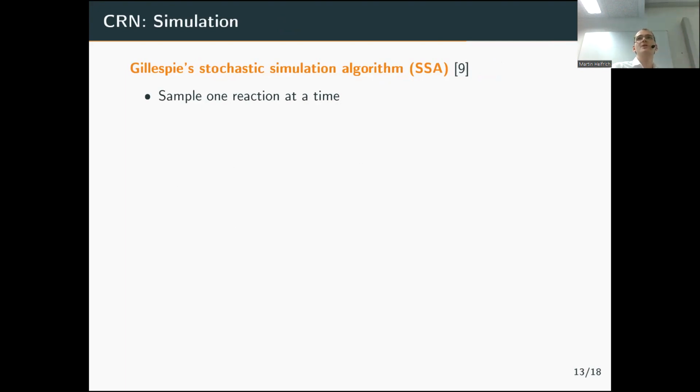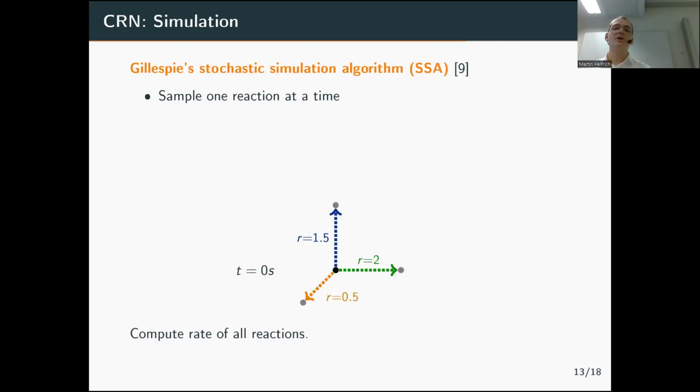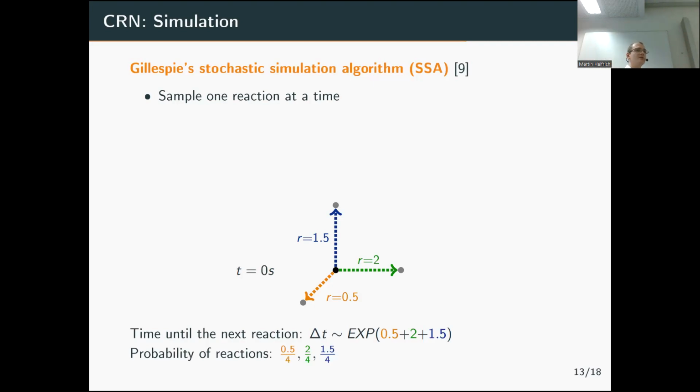The default simulation algorithm you would use is SSA, the stochastic simulation algorithm, and it is one of the first ones we knew, and it samples one reaction at a time. So what you do is you start at t equals 0 in your initial state, and then you look at all the possible reactions that could happen. You compute how fast they are according to the model, and then you sample when the next reaction happens and which reaction it actually is.